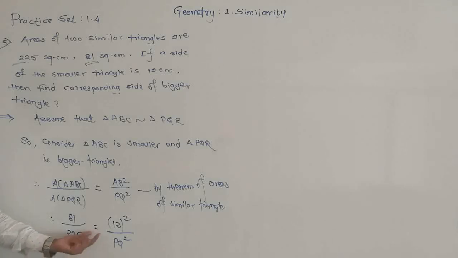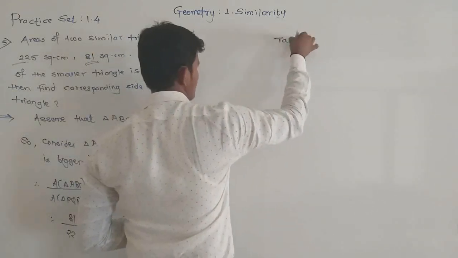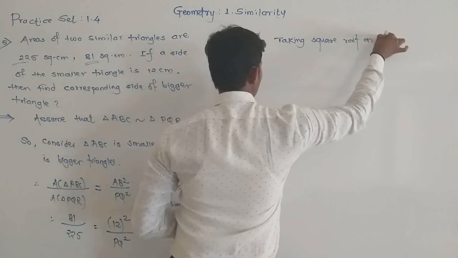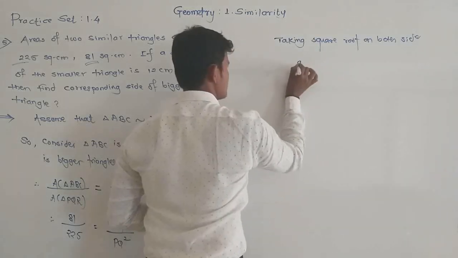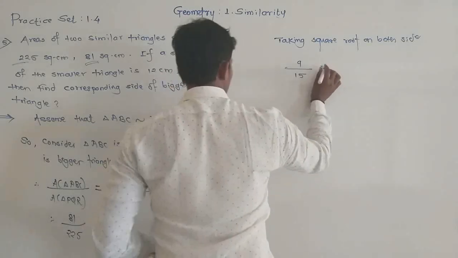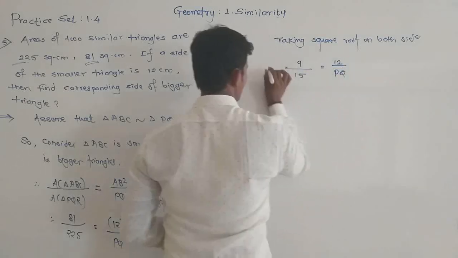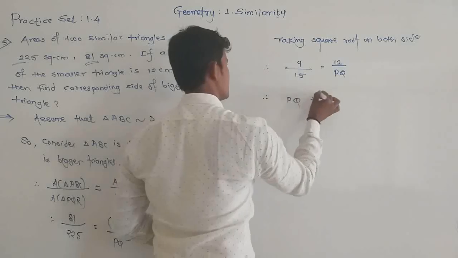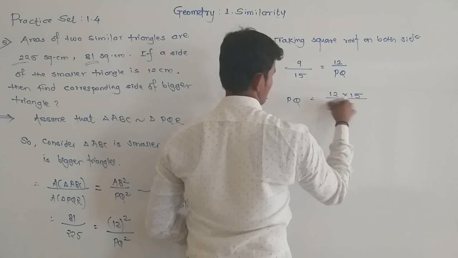For that, take the square root on both sides. So we get the square root of 81 is 9, the square root of 225 is 15, the square root of 12 square is 12, and of PQ square is PQ. Now perform cross multiplication. So we get PQ is equal to 12 multiplied by 15 divided by 9.